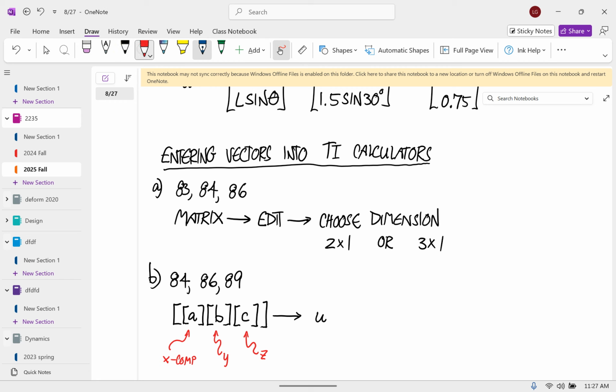So this is the store function. If you have an 84 or an 86, I think you have both of these two options for entering vectors. If you have an 83, you have to do it in the matrix environment.